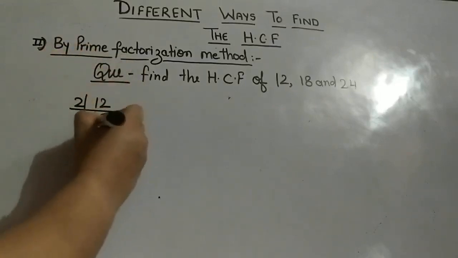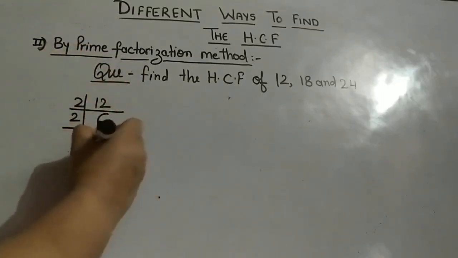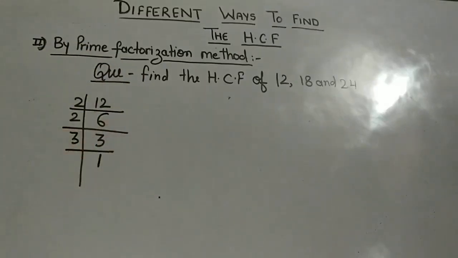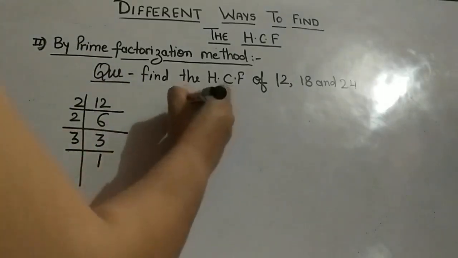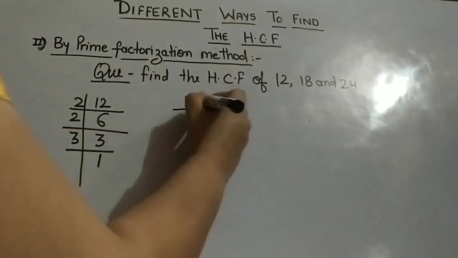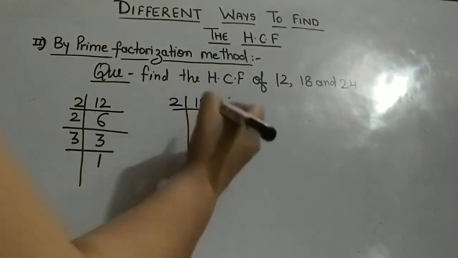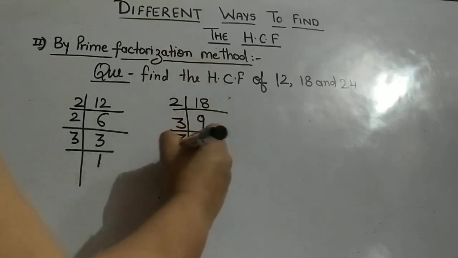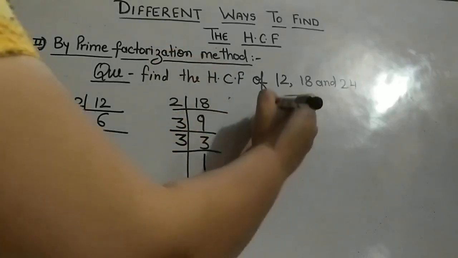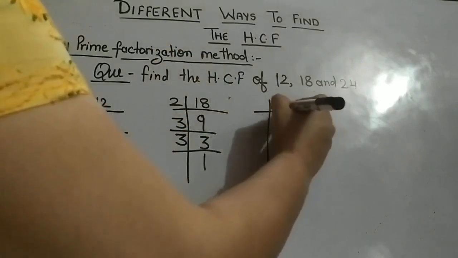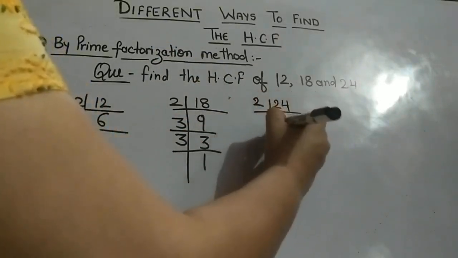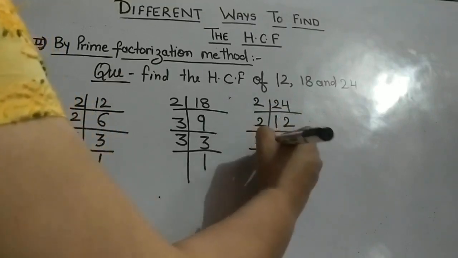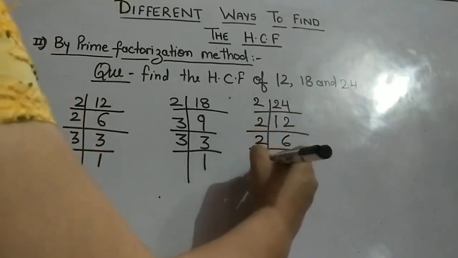So, prime factorization of 12: 2 6s are 12, 2 3s are 6, 3 1s are 3. 18: 2 9s are 18, 3 3s are 9, 3 1s are 3. 24: 2 12s are 24, 2 6s are 12, 2 3s are 6, 3 1s are 3.